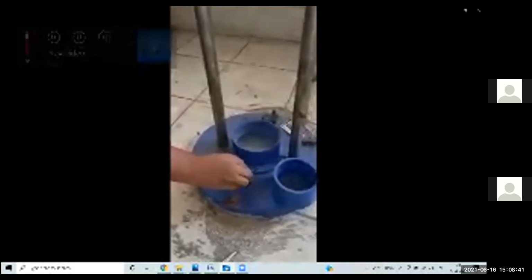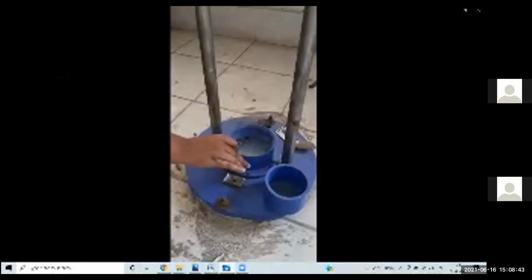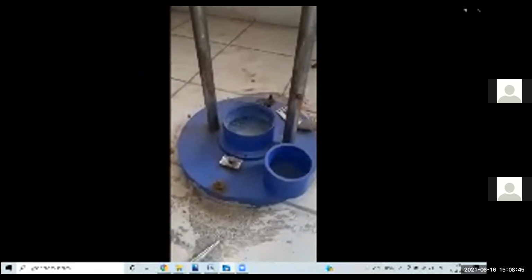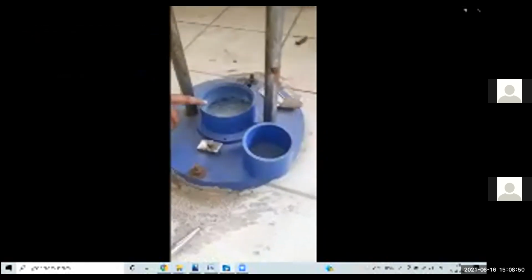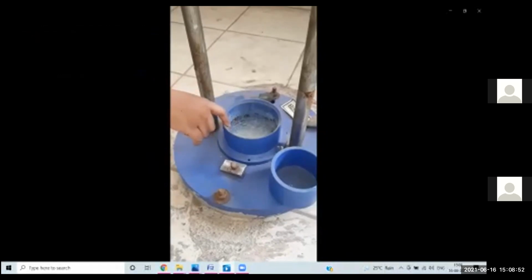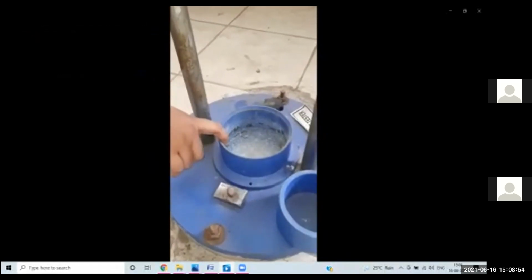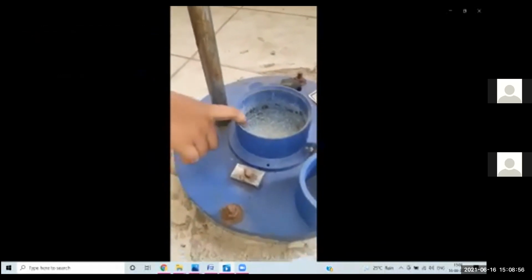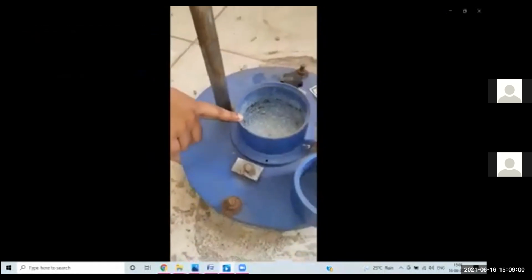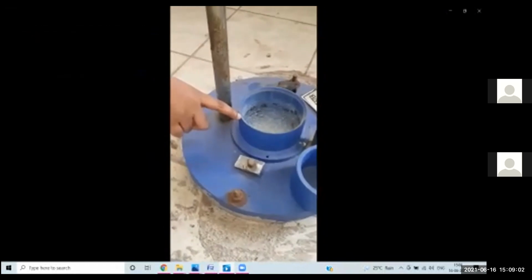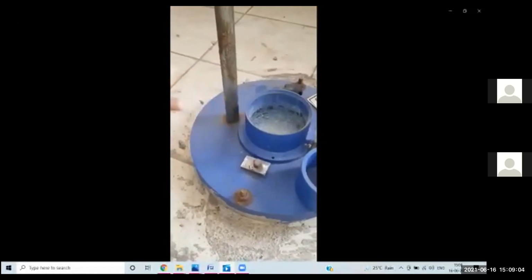There are two clamps to hold this cylindrical cup in position. The cylindrical cup internal diameter is 102 millimeter, depth is 50 millimeter, and thickness 6.3 millimeter.